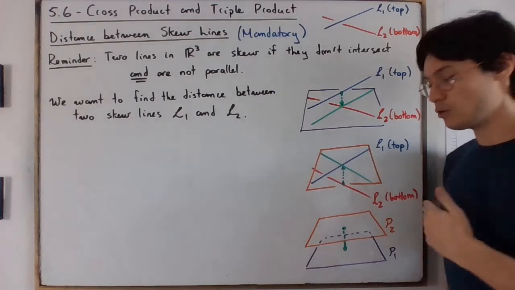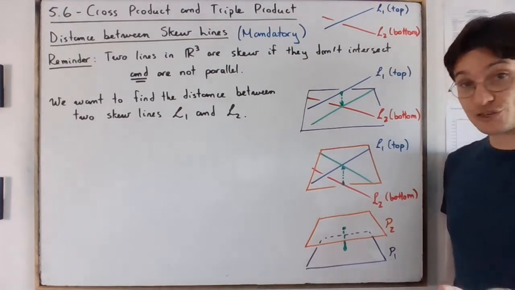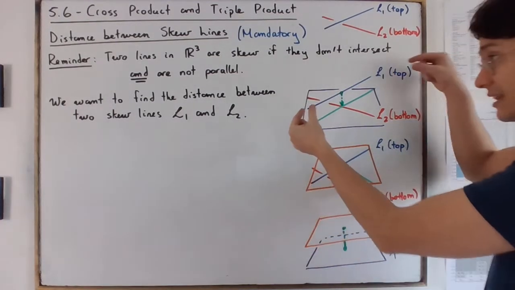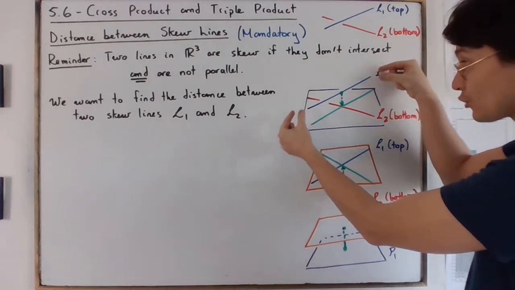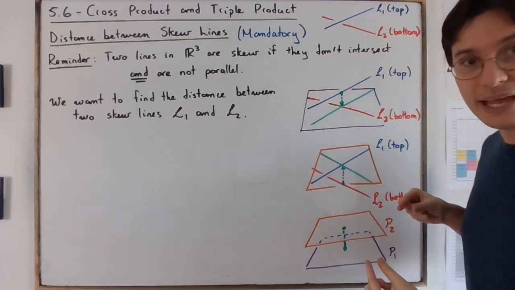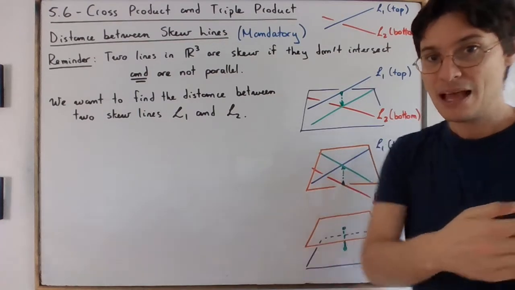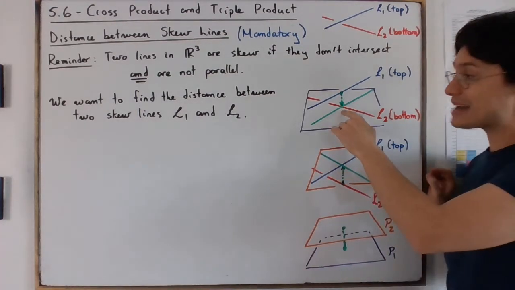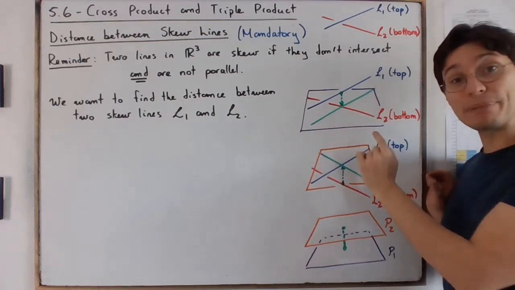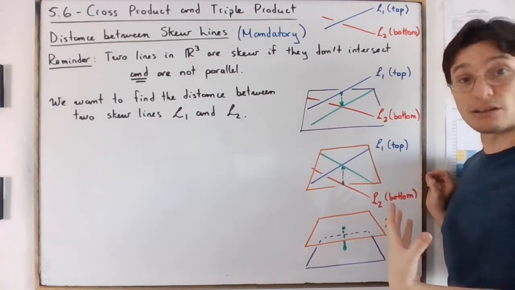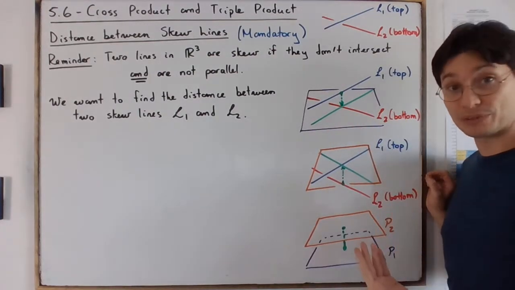It basically has three steps. The first step is to take the line that's at the top and drop it on L2. What's going to happen is that as they intersect, there's going to be a single plane that contains them both.